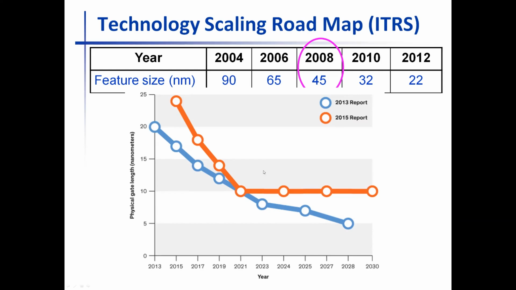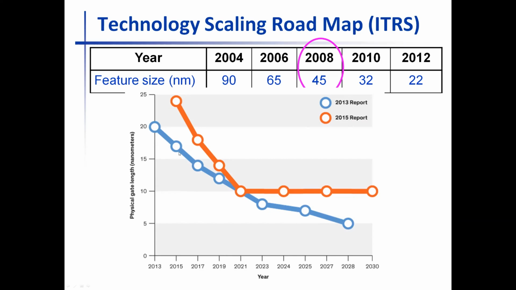Then somehow all of a sudden in 2015, their last report in 2015 was the last report that ITRS produced. There they made some updates. By the time we went to 2015, we were still around 25, 24 nanometer technology.